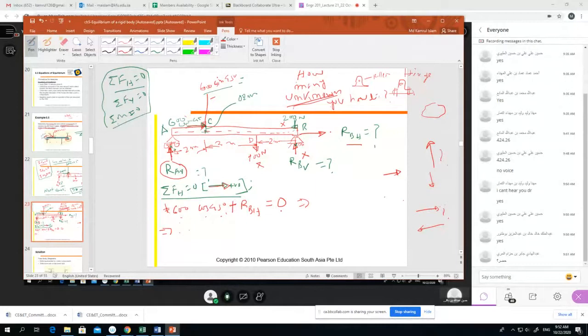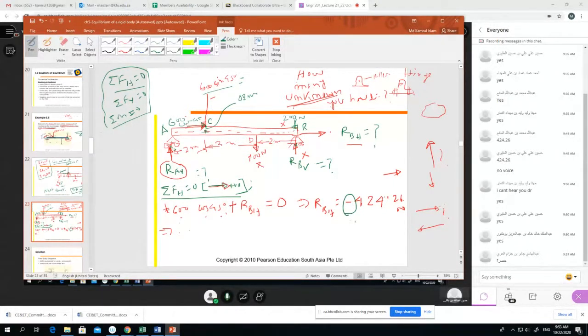If we do the calculation, RBH equals minus 424.26 Newton. Now our result becomes negative.